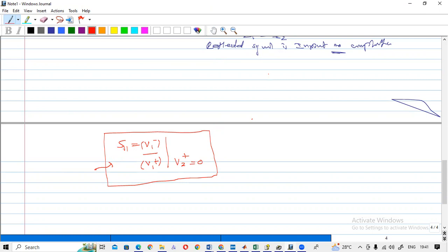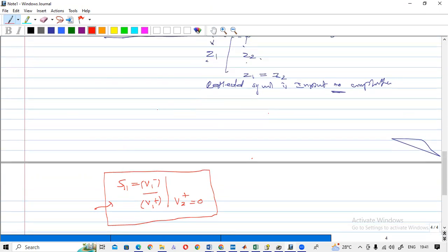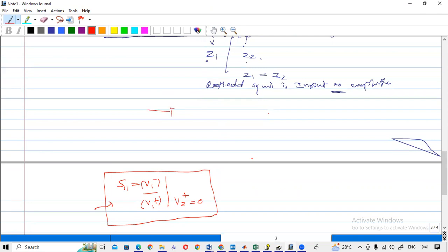Correct? Okay. So if I draw the circuit again, here we have Z1, here we have Z3, here we have Z2. Like this. Now you have an input signal V1 plus and you have a reflected signal, V1 minus.